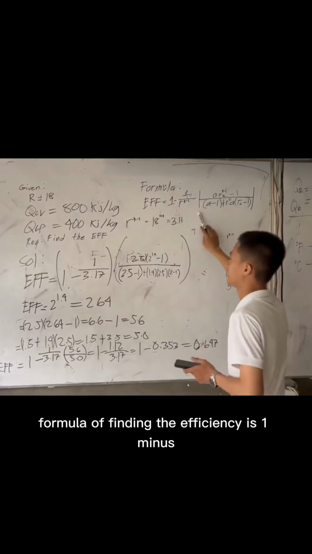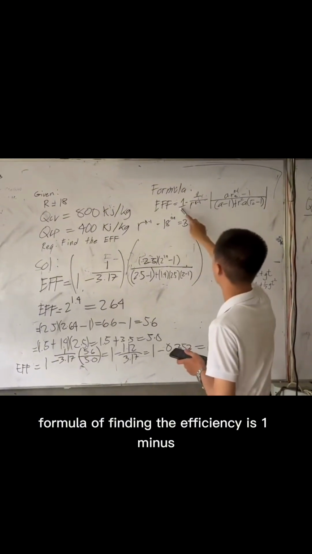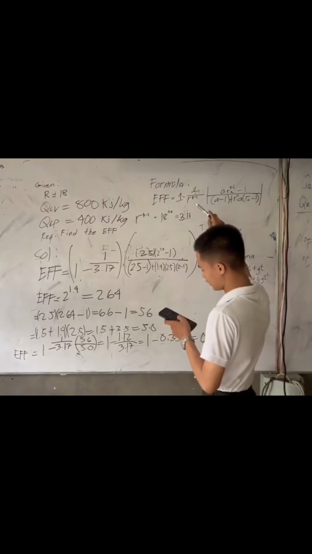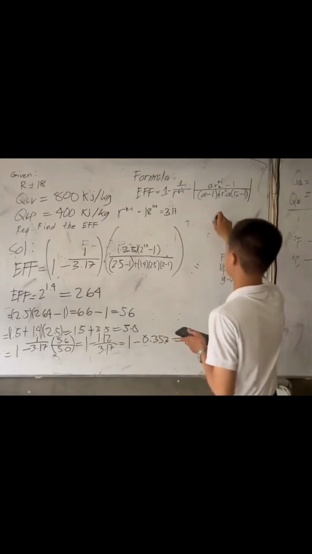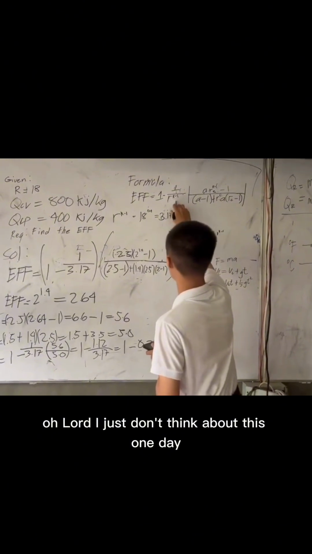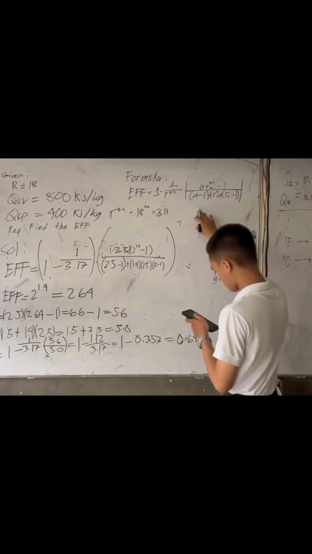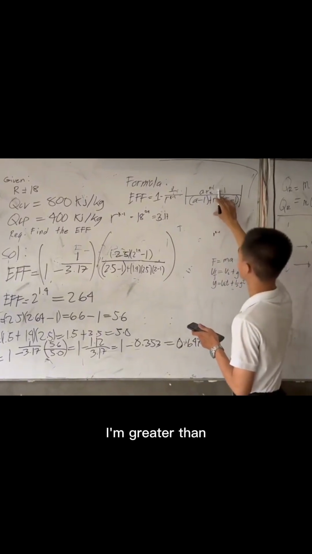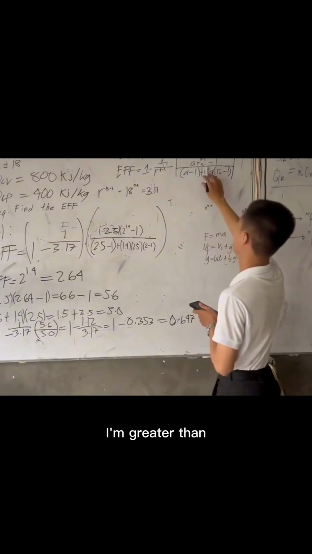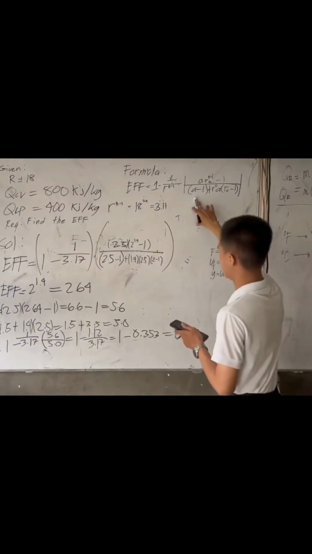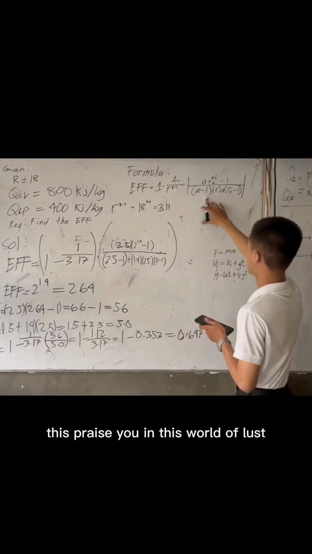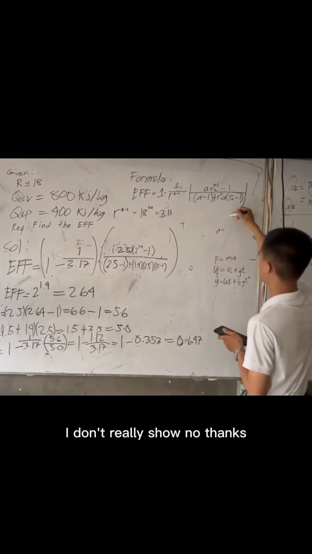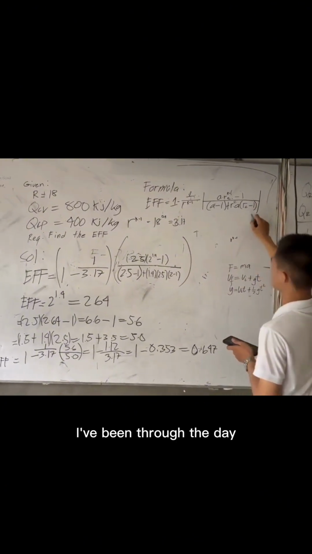Our formula for finding the efficiency is 1 minus 1 over the compression ratio to the isentropic exponent minus 1, times the pressure ratio times cutoff ratio to the k, minus 1, over the pressure ratio minus 1 plus k times pressure ratio times cutoff ratio minus 1.